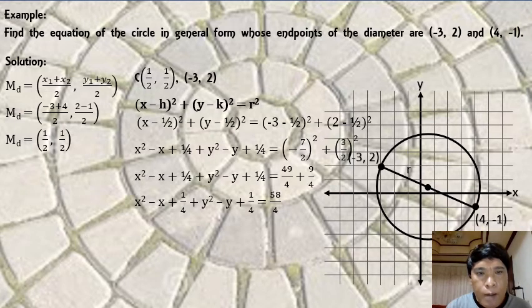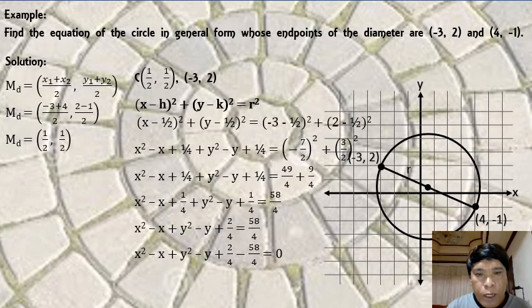Then, sa kabila naman, 1/4 plus 1/4 is equal to 2 over 4. Then, transpose natin yan to the left side. 58 over 4 transposed to the left side will become negative 58 over 4. Then, equate to 0. But, 2 over 4 minus 58 over 4 gives us negative 56 over 4.